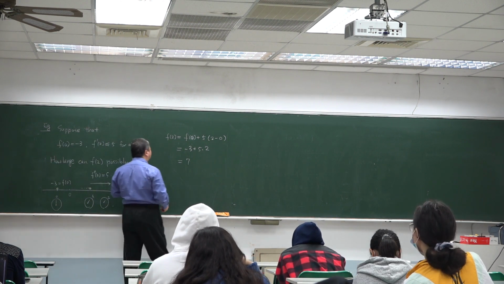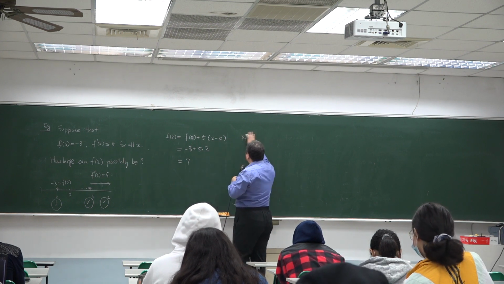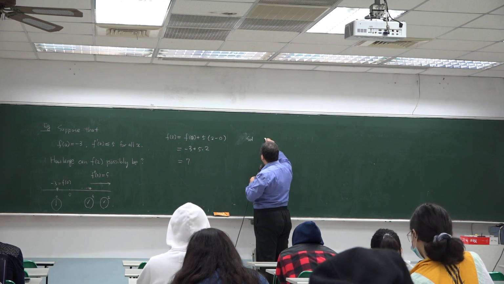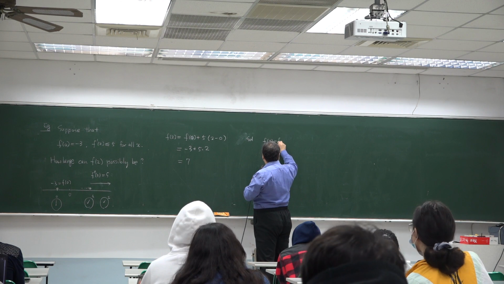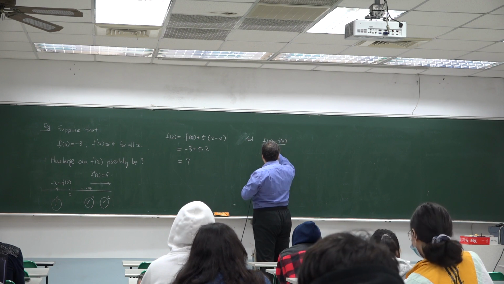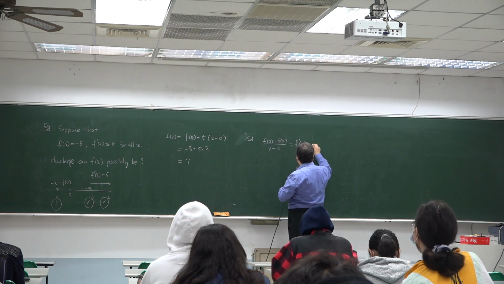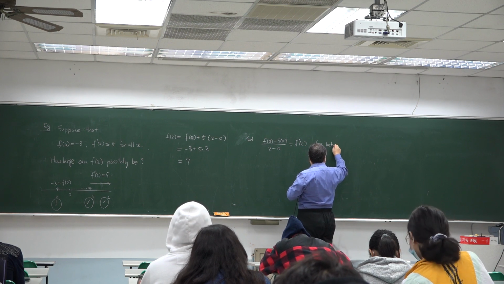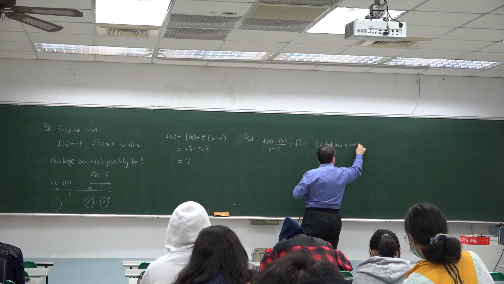How to solve this formally? By the mean value theorem, we know (f(2) minus f(0)) over (2 minus 0) equals f prime of c, where c is some value between 0 and 2.